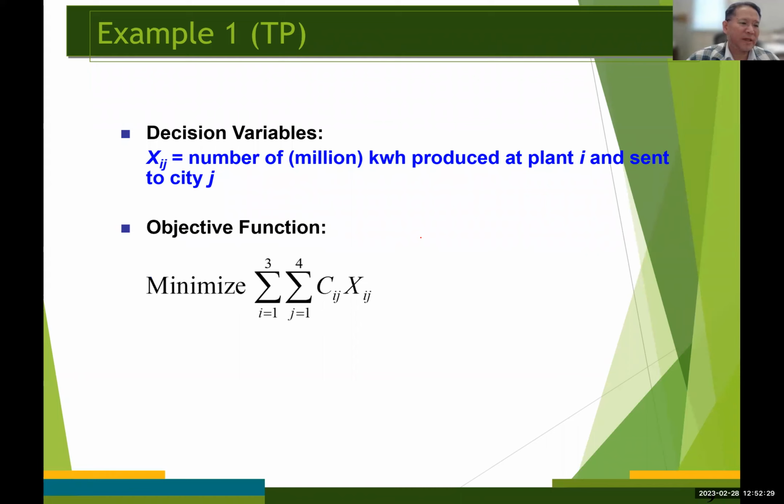And our objective function is, in general, the measure of performance expressed as a function of the decision variables, right? So in our case, we want to minimize the total shipping cost or the total travel distance.